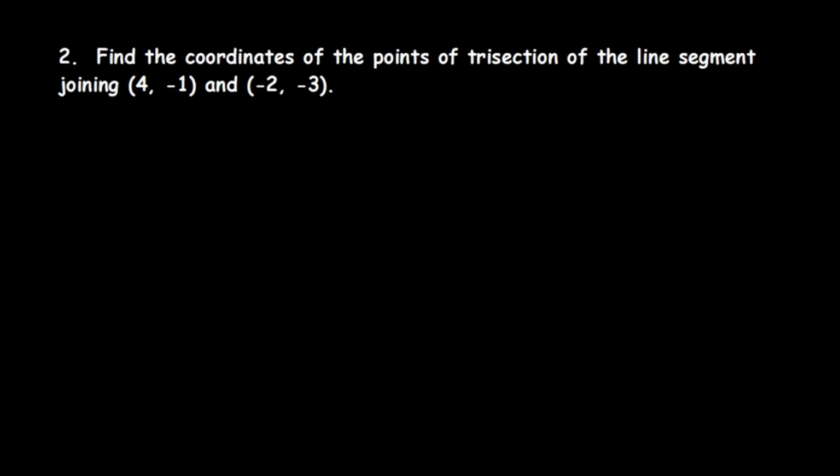The next one is: find the coordinates of the points of trisection of the line segment joining (4, -1) and (-2, -3). So what is the meaning of trisection?